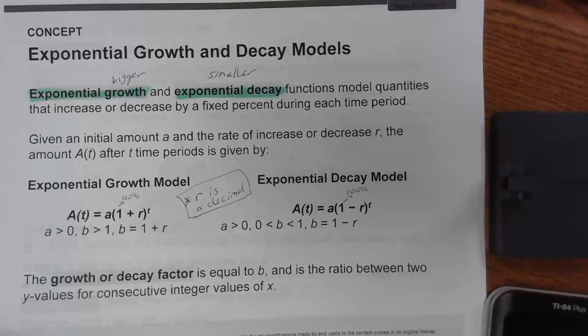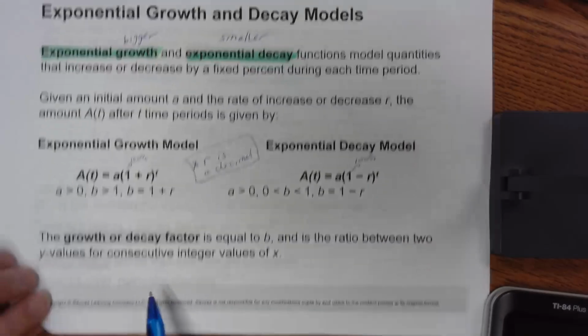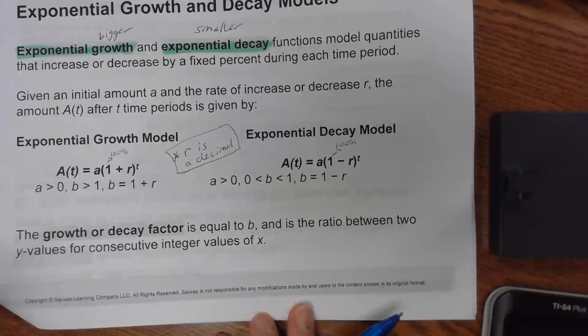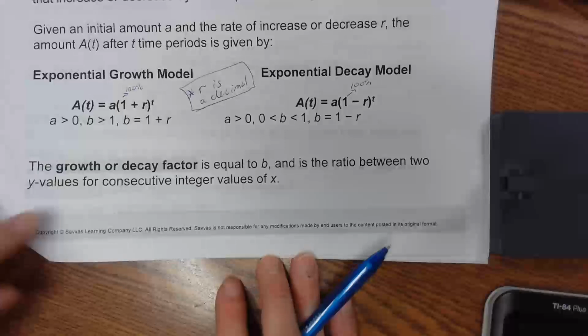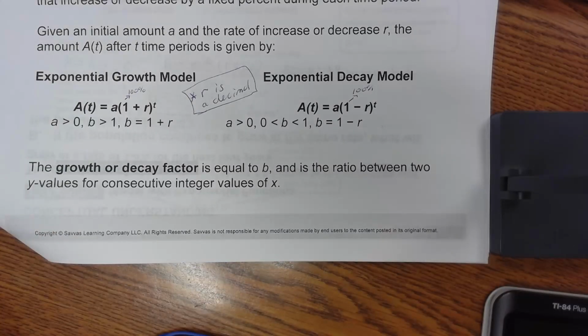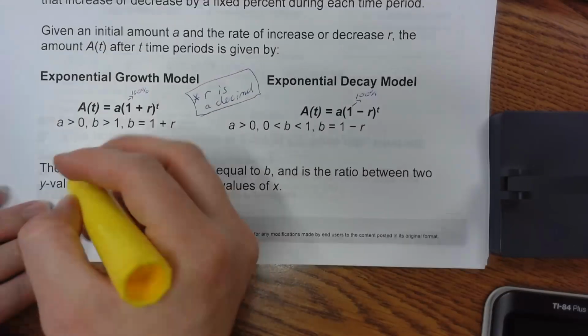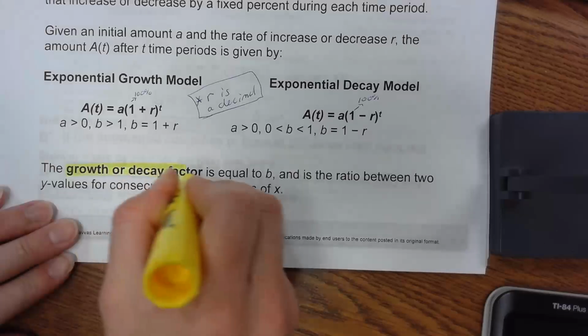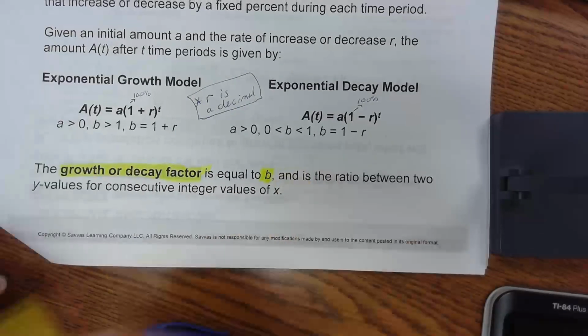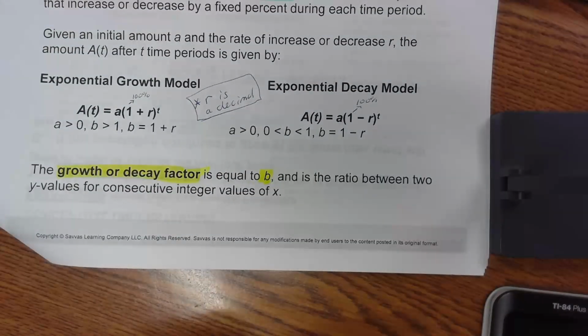Now, the growth or decay factor is equal to b. Make sure you have that idea down. So this factor is going to be equal to b, meaning we're not going to see it. It's already going to have been subtracted out, and so we have to be careful with it.